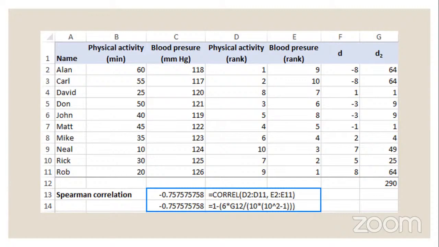Then we find D, the difference, and then D squared. So 8 into 8 gives 64. Then the Spearman correlation is found, which is negative 0.75, indicating a negative correlation. This is just an example to show you how it will look.